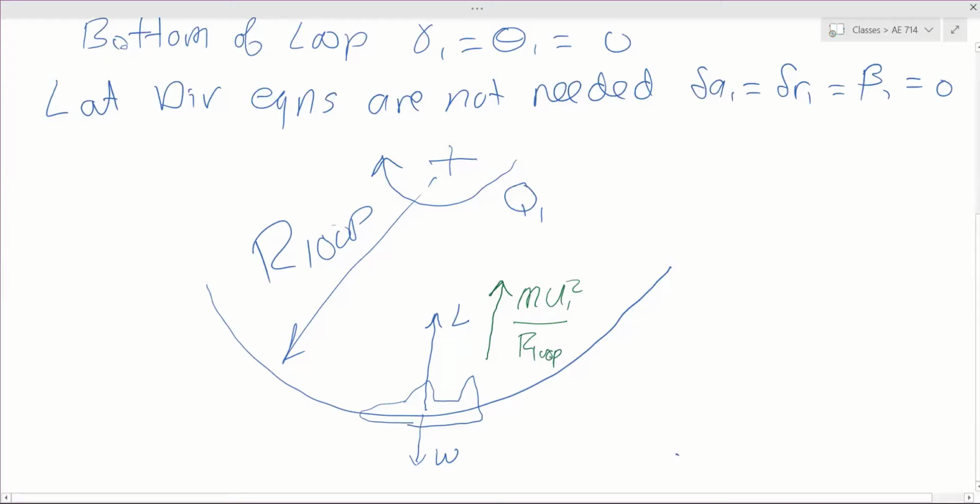And similar to last time, we know that the velocity along the arc is the angular rate times the radius of the loop. And remember, that came from the fact that the arc length is equal to the subtended angle times the radius. And if you take the derivative of that, you get velocity and angular rate.